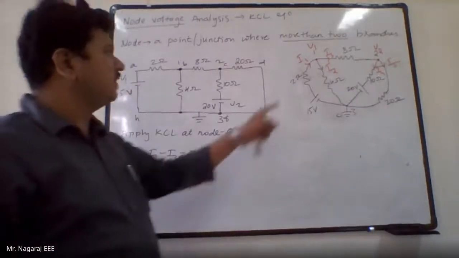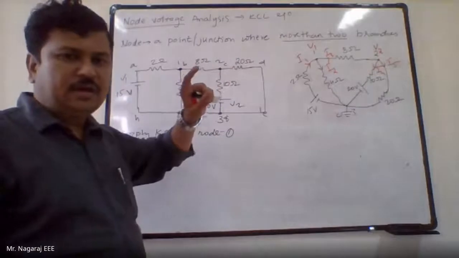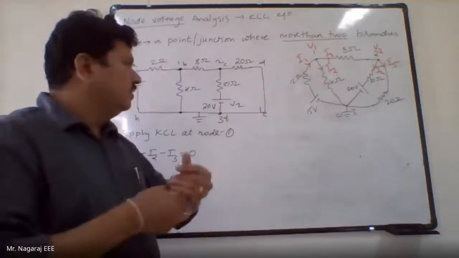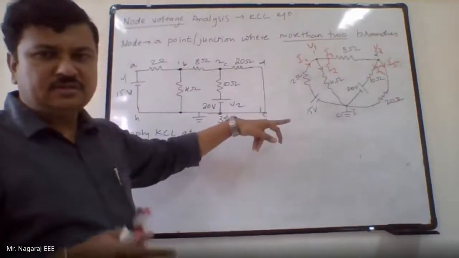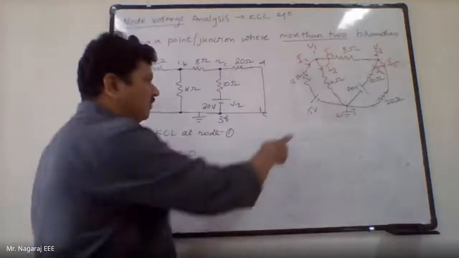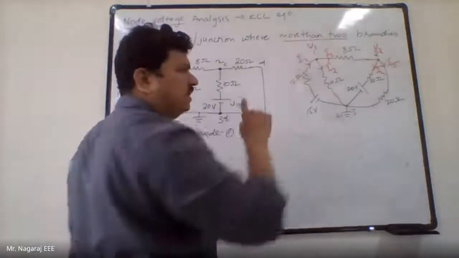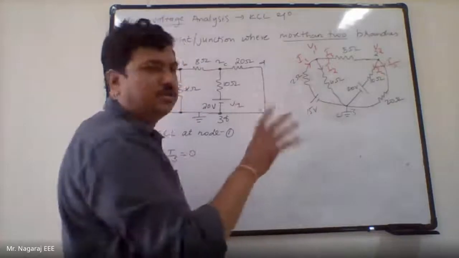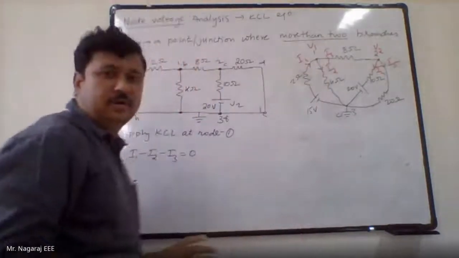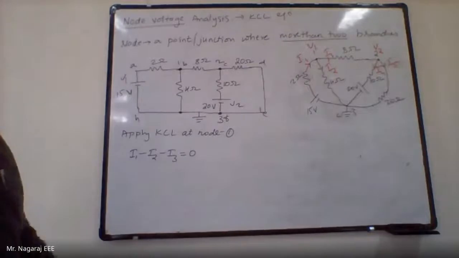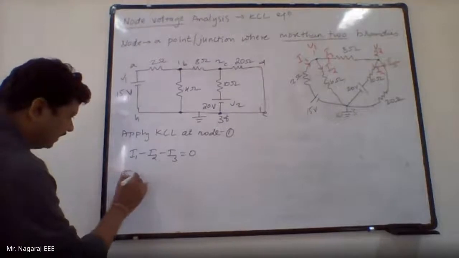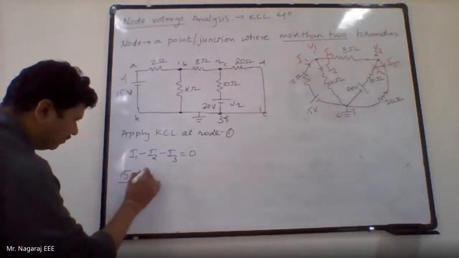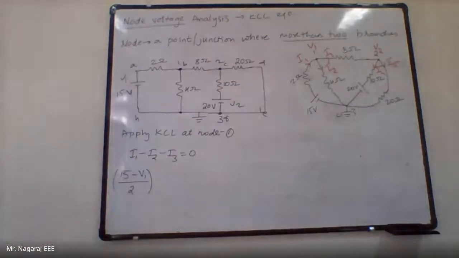Depending upon the direction of current I1, the point from which the current is flowing is the higher potential point. Therefore, 15 volts is the higher potential point, and V1 is at lower potential with respect to 15 volts. I am not talking with respect to V2. Therefore, for I1, I will be writing 15 minus V1 divided by 2. Now this is I1.